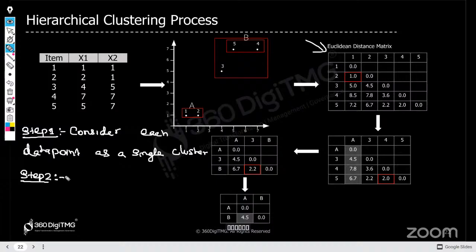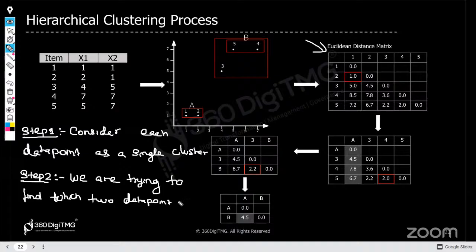We will try to find out which two data points, or which data points or clusters of data points, are nearest.